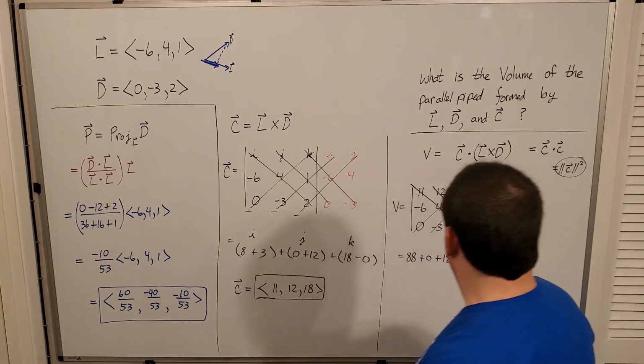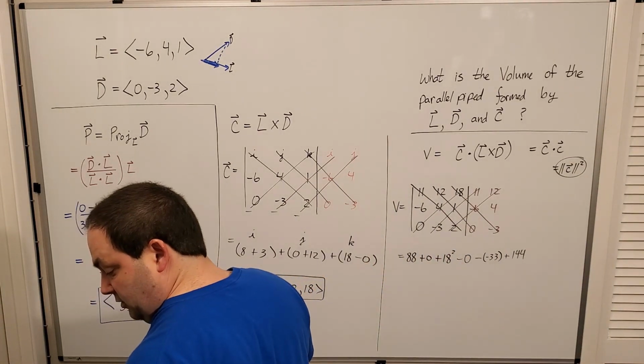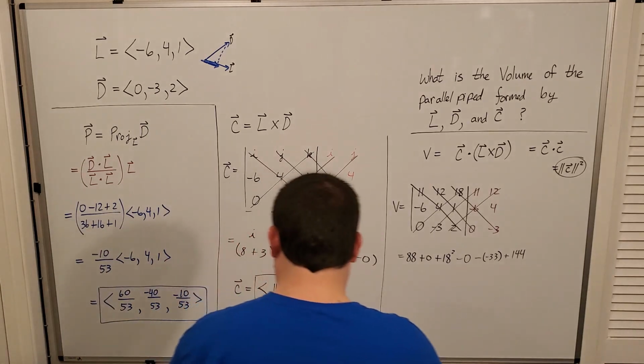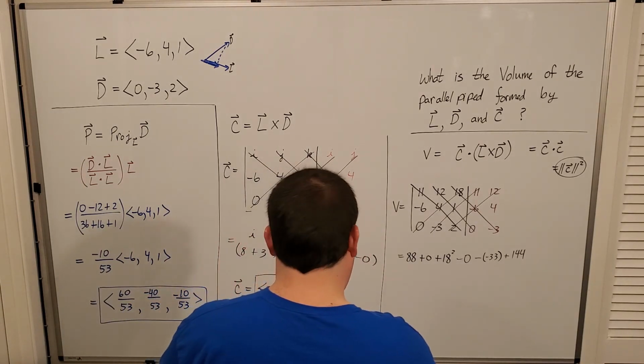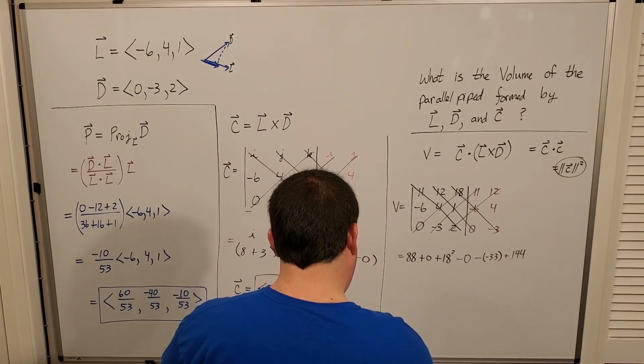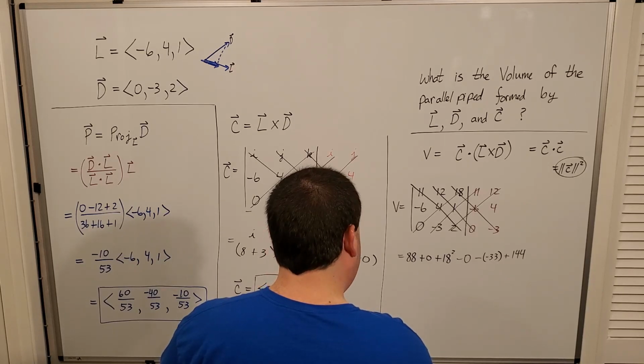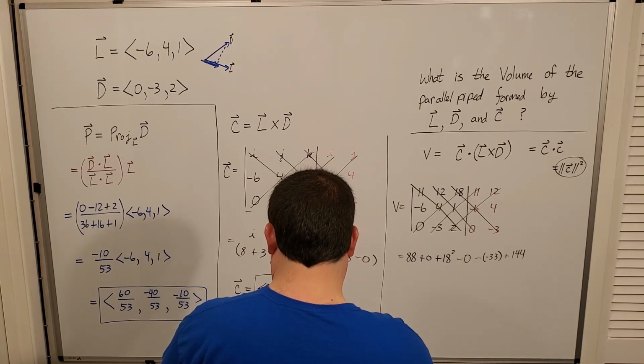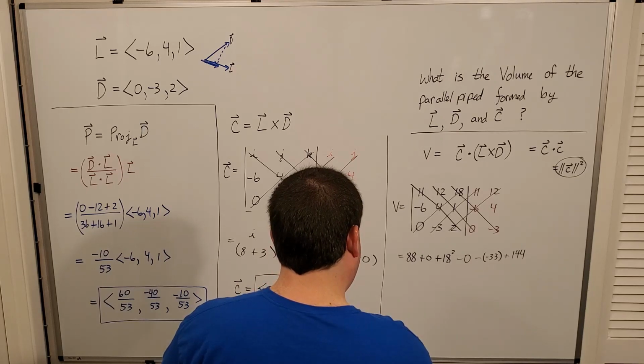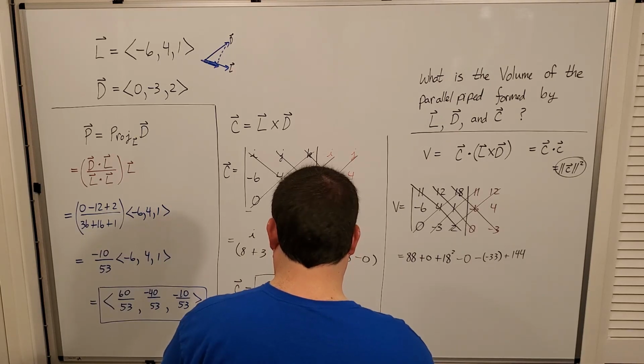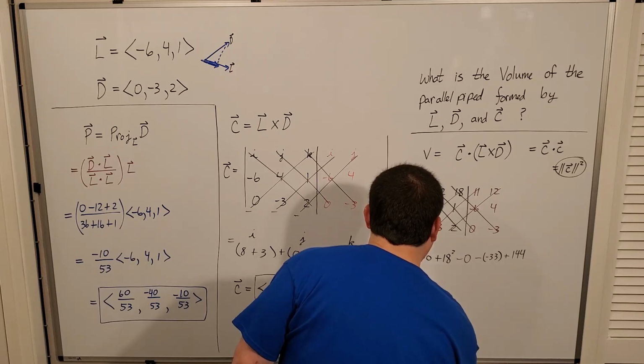Came out really nice. Just to save time here, 88 plus 18 squared plus 33 plus 144. That's 589.